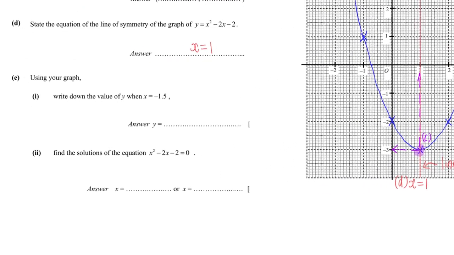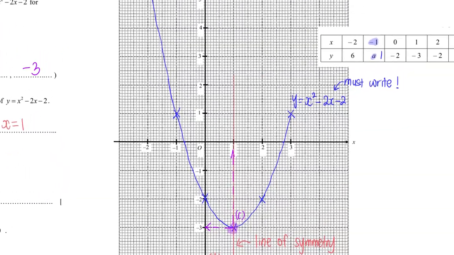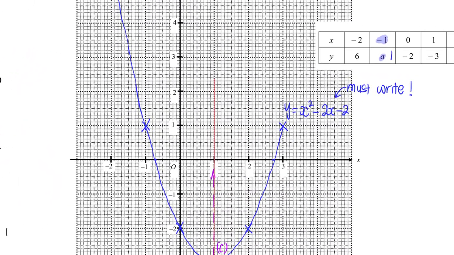Write down the value of y when x is equal to 1.5, and this is something that is important also. We also must let people know that we are getting the answer from here.